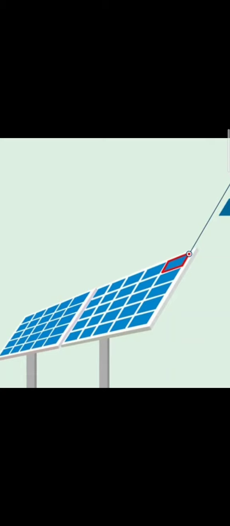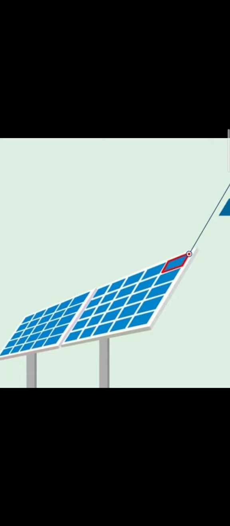The combination of all the cells is called a solar module or solar panel. The solar panel voltage can be increased by increasing the number of solar cells, by combining solar cells.